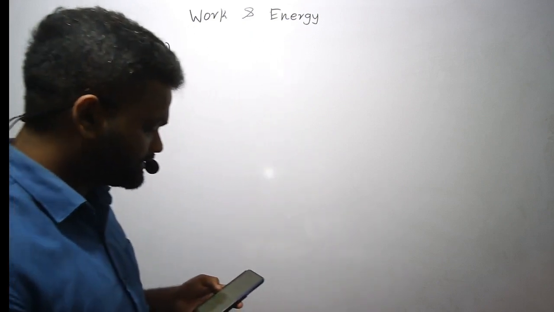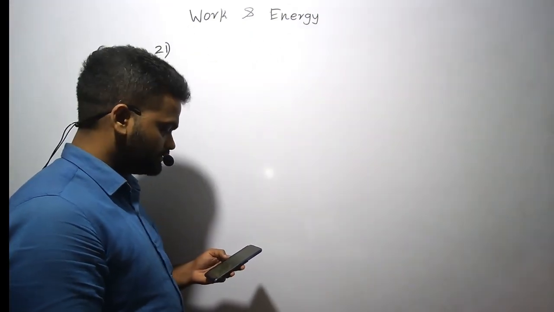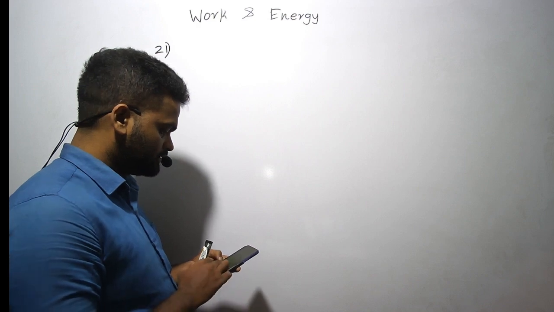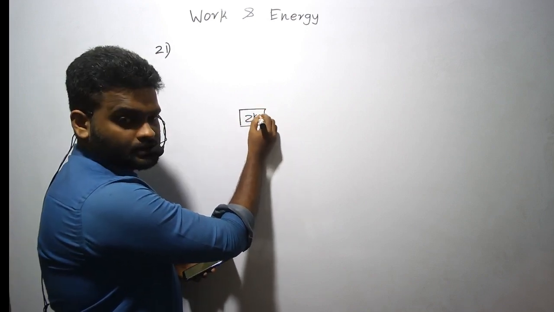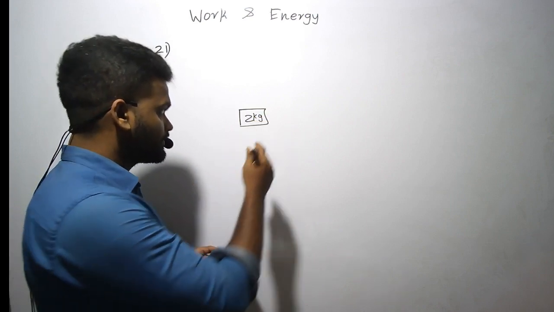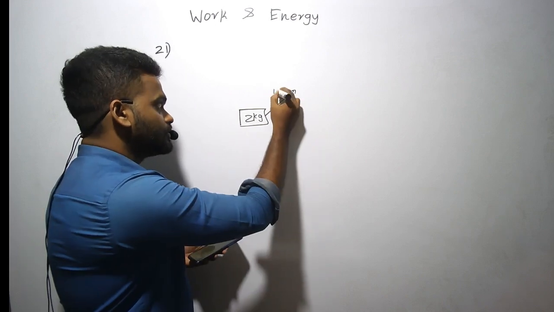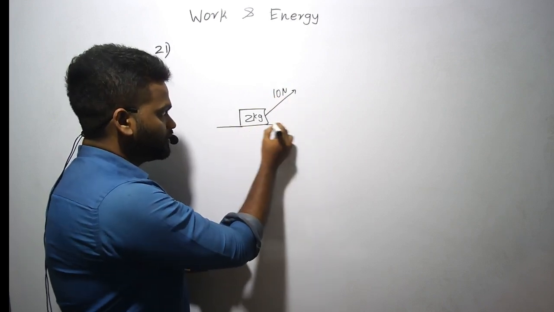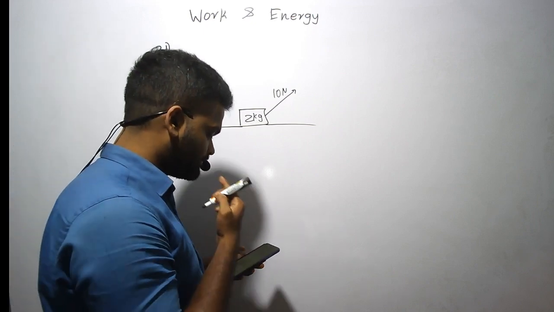Okay, let's see. So we have a 2 kilogram mass. A force of 10 Newton is applied. It is on a horizontal smooth plane.